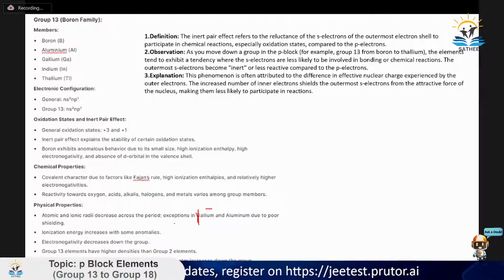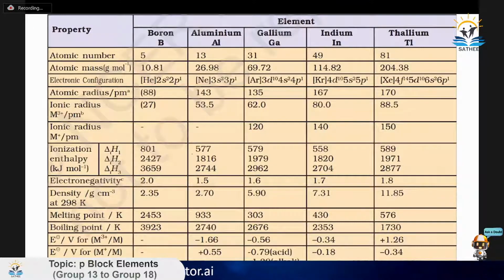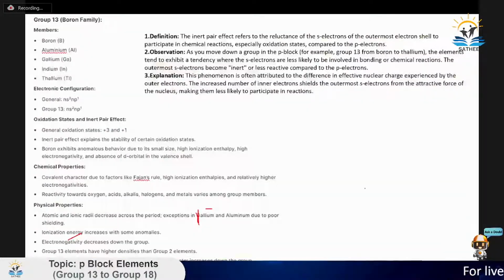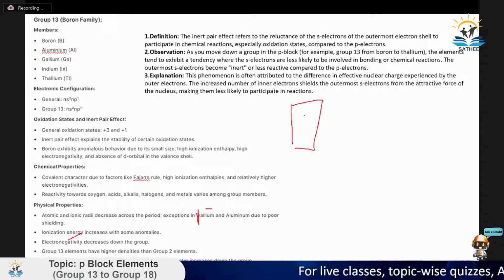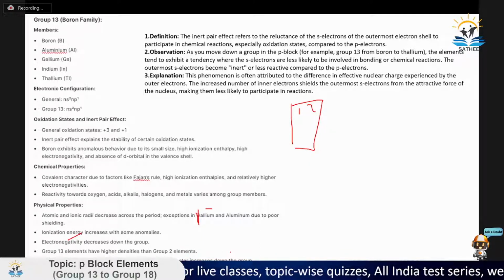So now what conclusion do we come to here? There are some anomalies in the ionization energy. Electronegativity decreases down the group, but it decreases and then increases in an order. Like we saw, it decreases for aluminium, but increases after that slowly and slightly. And obviously, they have a higher density compared to our group 1 and 2 elements, which were our s-block elements. And the metallic character increases as we go down.